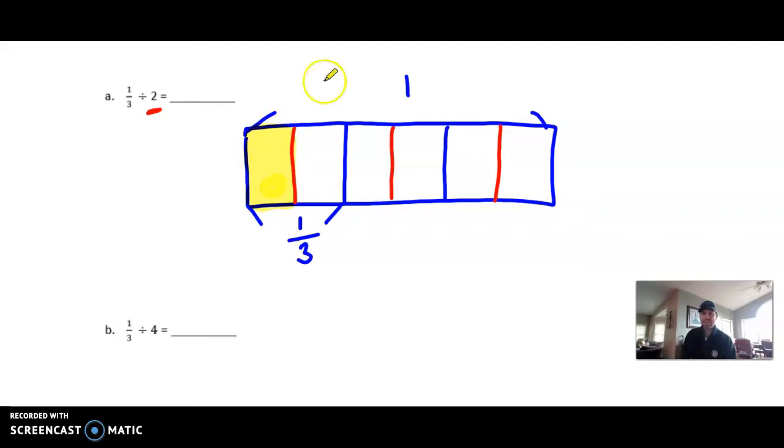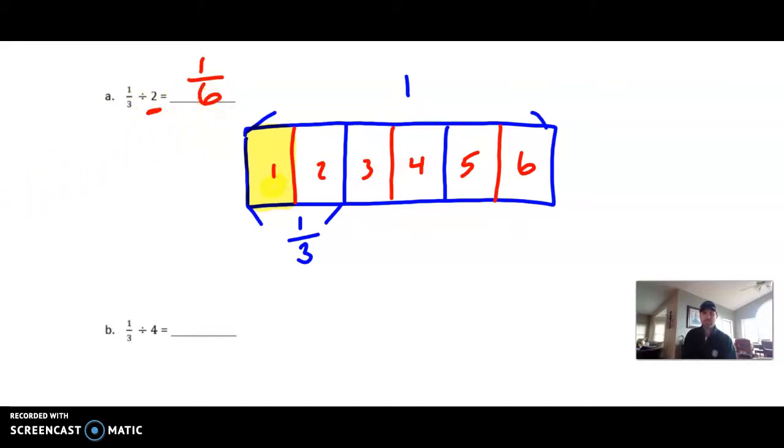What am I left with? Well, there's just one part that I have, and I can't just say 1/2, right, that I have half of it, because I really originally only had a third. So there's really 1, 2, 3, 4, 5, and 6 pieces. I'm left with 1/6. Right? And that's all you would really need to do to show your understanding of this division problem, coming up with a quotient of 1/6.